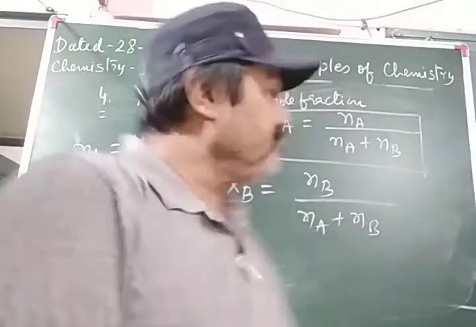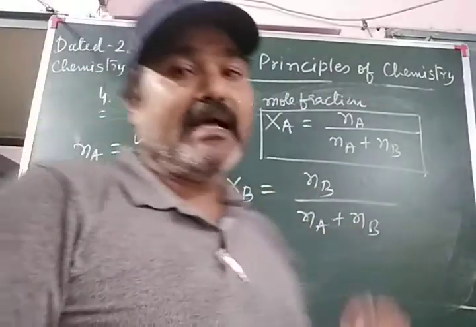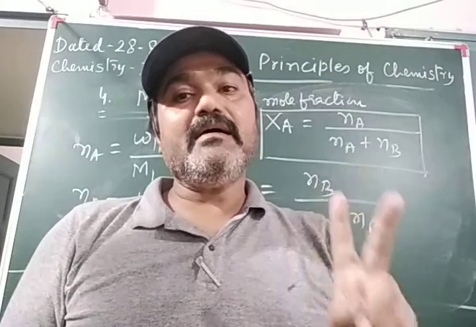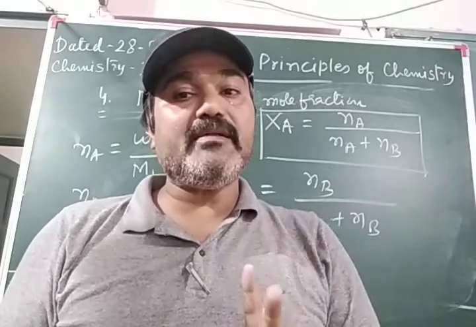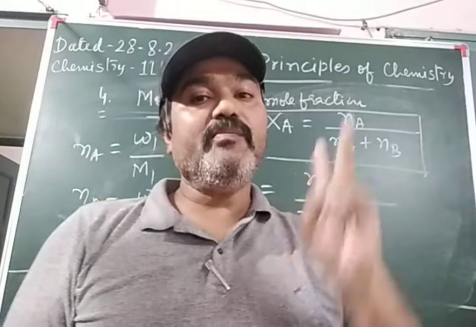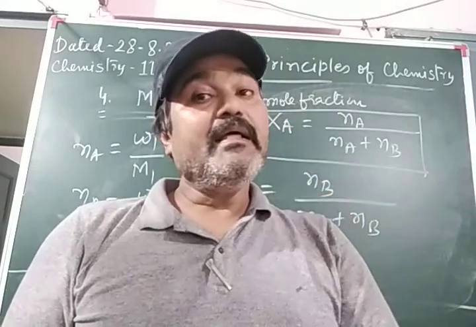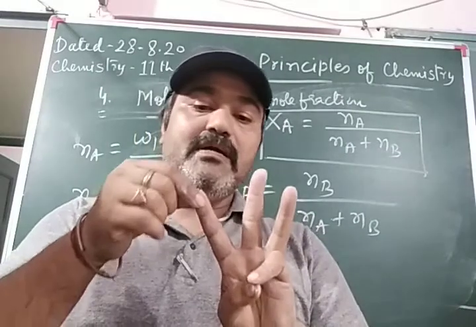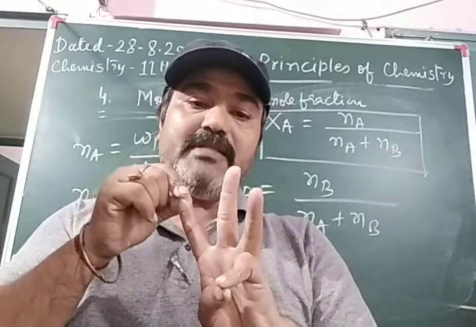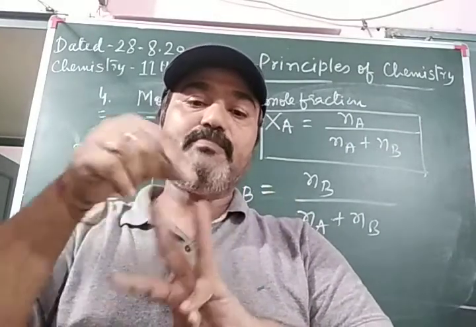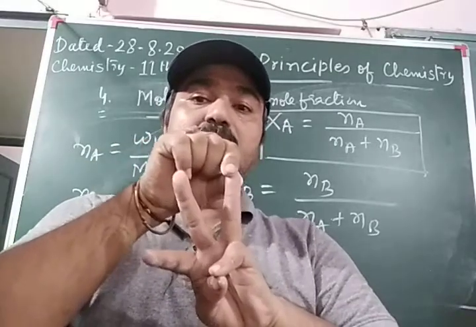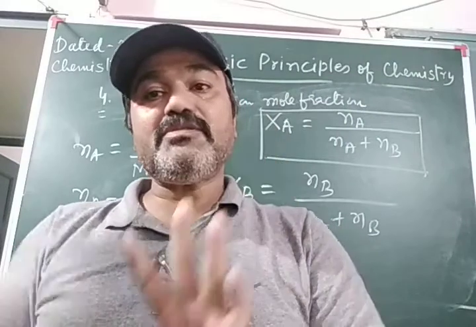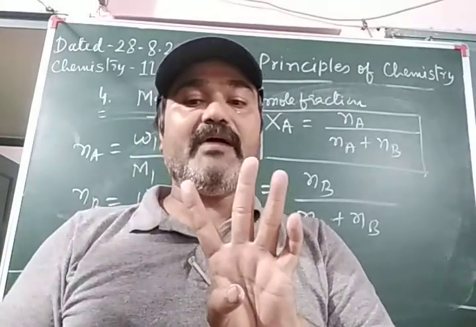Now one thing is to be kept in mind, if there are only two components in the solution, then the sum of the mole fraction of these two components will be 1. Okay. Suppose if there are three components in the solution, so the mole fraction of this plus this plus this, इन तीनों का सम कितना होगा? 1 होगा. अगर 4 है तो सब 4 के मोल पर, उसमें क्या हो जाएगा?